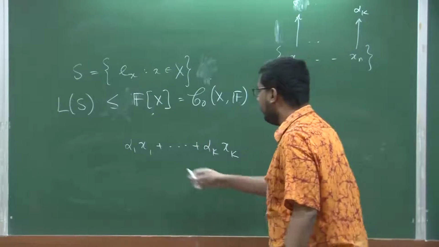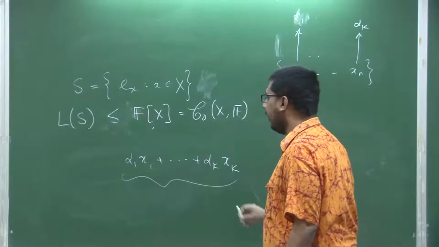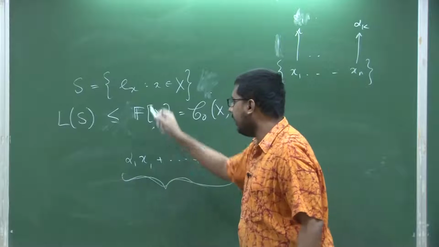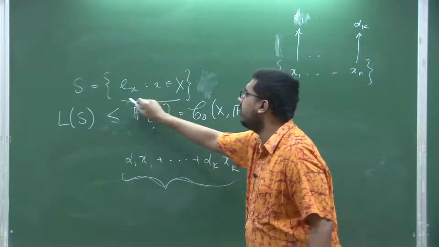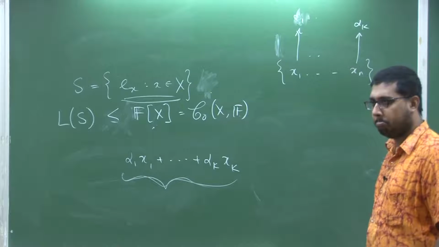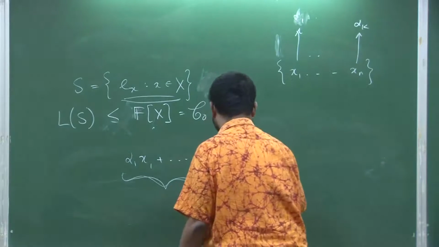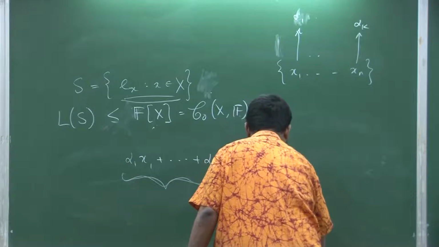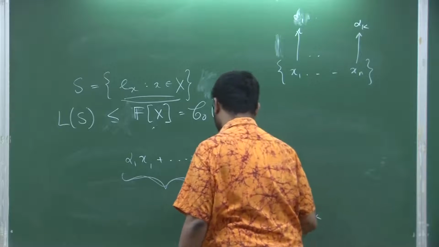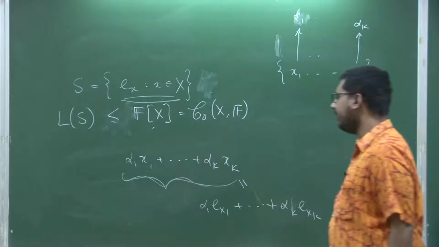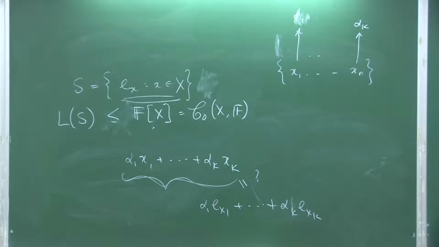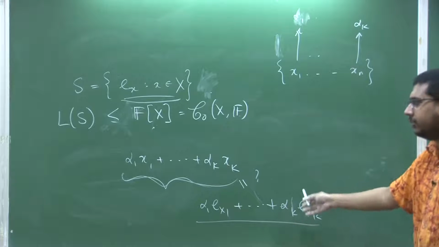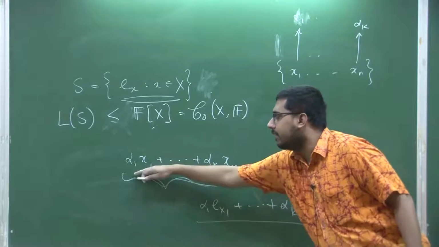Does this show us that this can be expressed as a finite linear combination of elements from S? Suppose I write alpha 1 E x1 plus up to alpha k E xk, is this equal to that? Exactly, because this function takes value alpha i at every xi and 0 elsewhere, which is exactly the same as this.